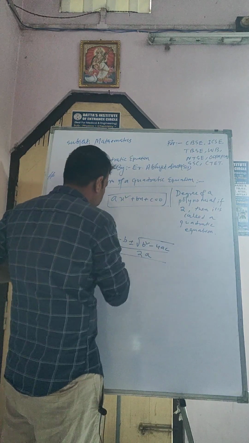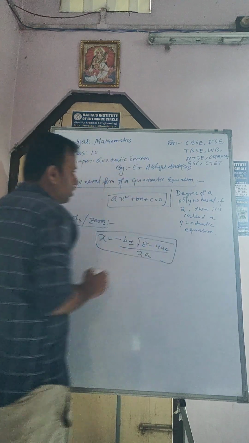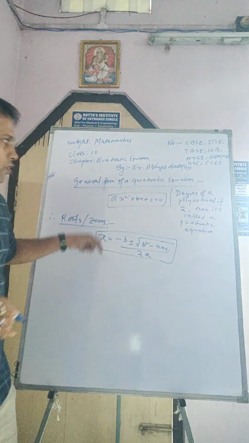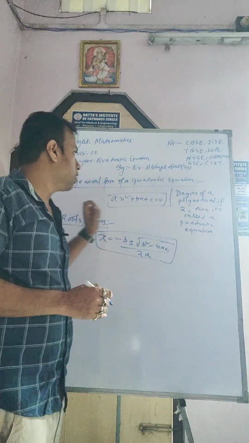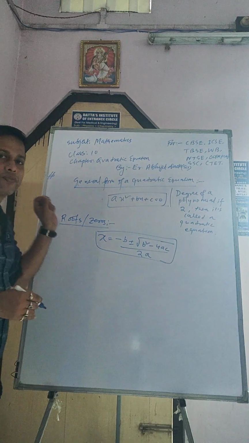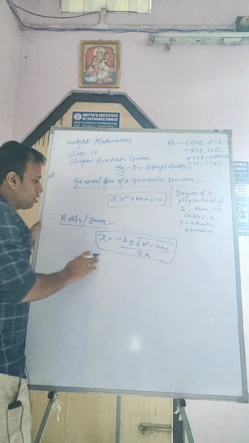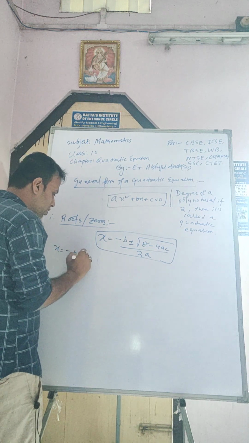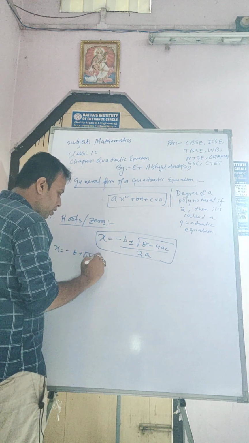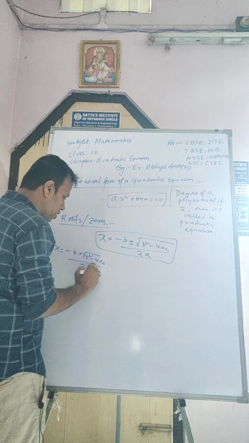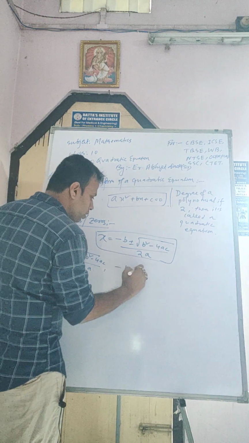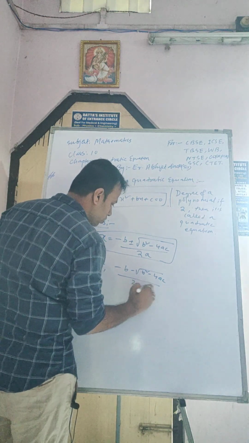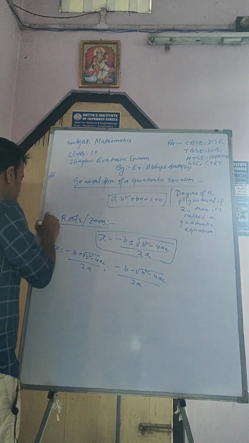This is Sridhar Acharya's formula. It is the formula of a quadratic equation to find the roots, when we can't do middle term splitting. So one root will be minus b plus root over b square minus 4ac by 2a, and the other root will be minus b minus root over b square minus 4ac by 2a. Okay, number 1.